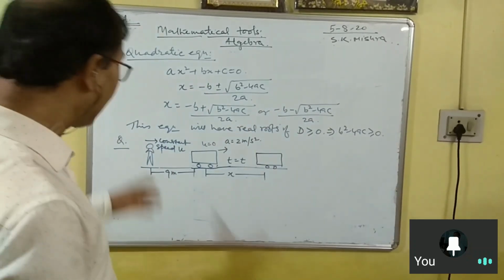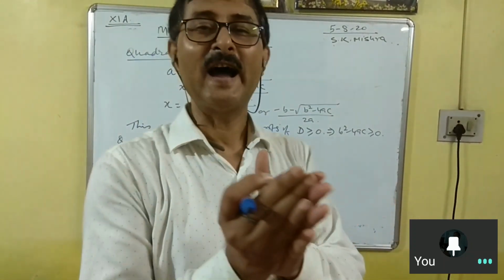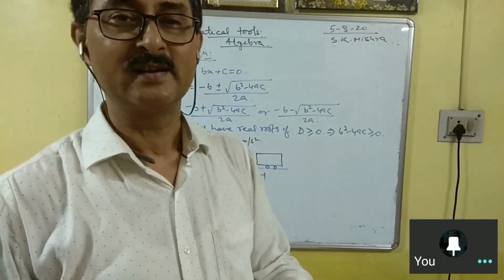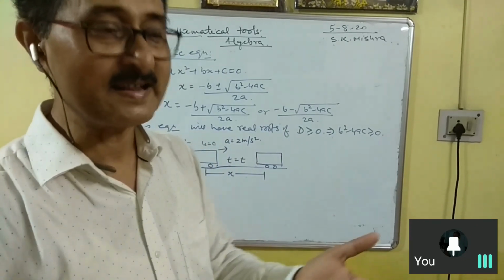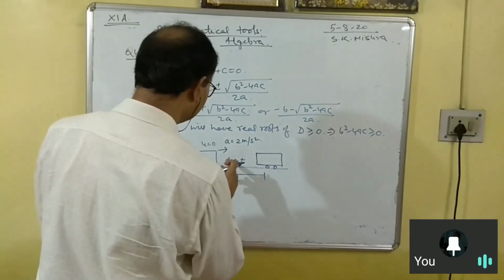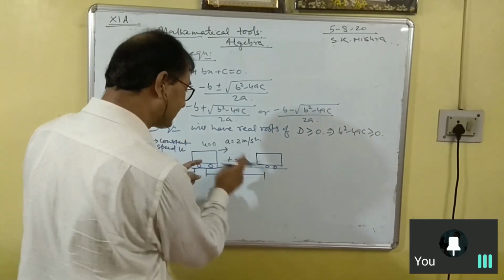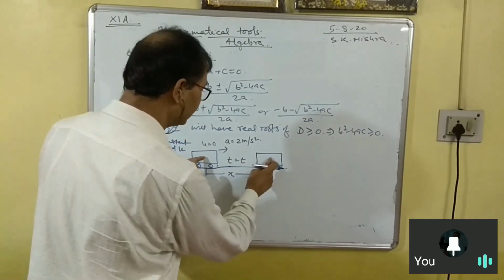Means to catch the bus, person and bus should meet each other at a certain point. Then only the person will catch the bus. Now, imagine that the person will catch the bus in time interval t. So within that time interval, the bus moves distance x.